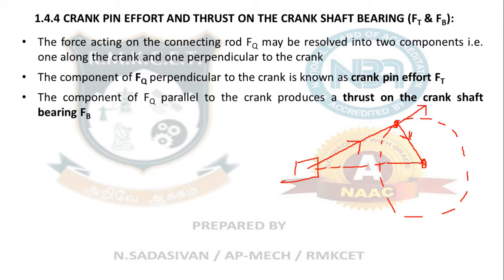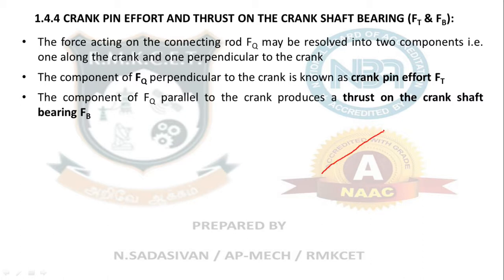If you look in the diagram, what they would have done is extended this line and made two components like this. One component is tangent to this circle. Maybe this diagram is not correct. This is FQ, the force in the connecting rod, which is pushing your crank. Now this force is getting distributed in two types.